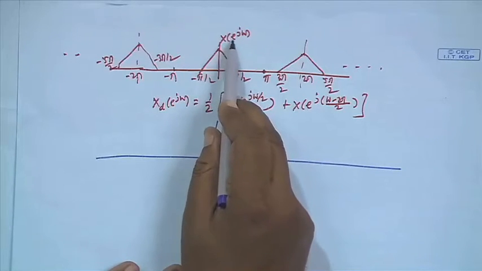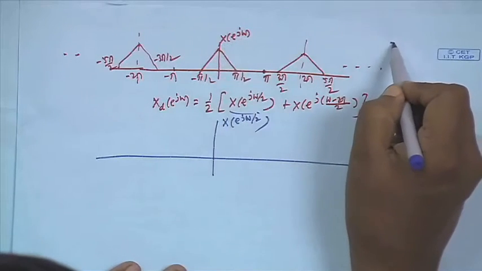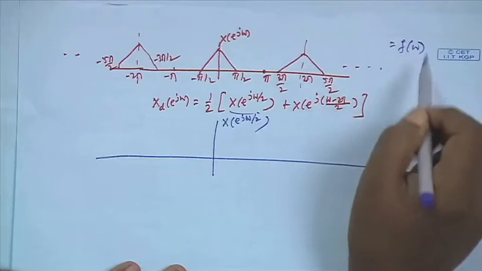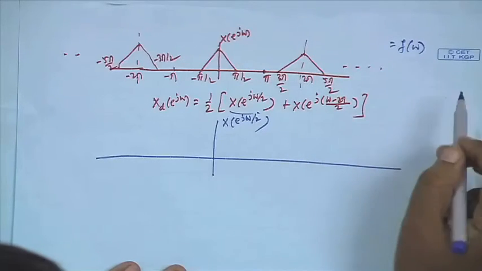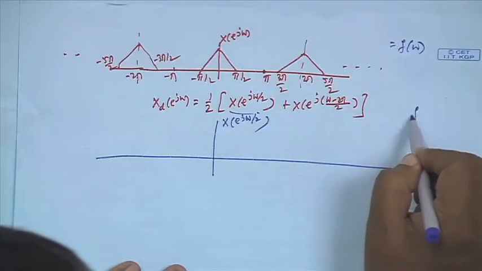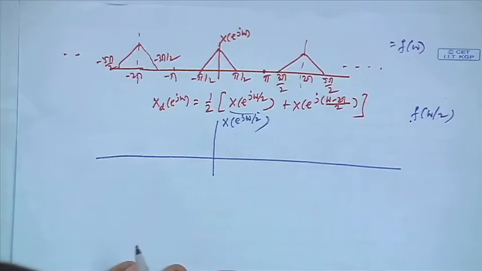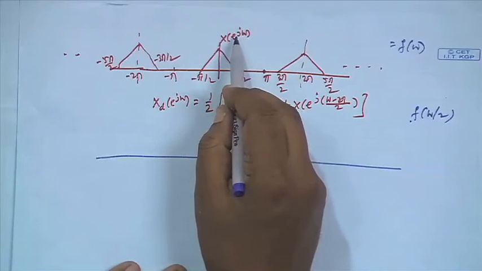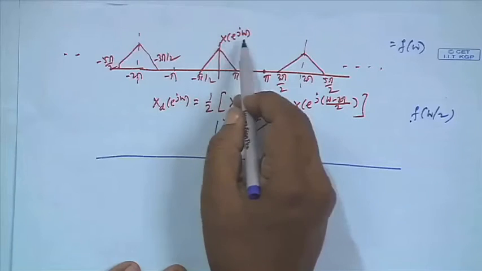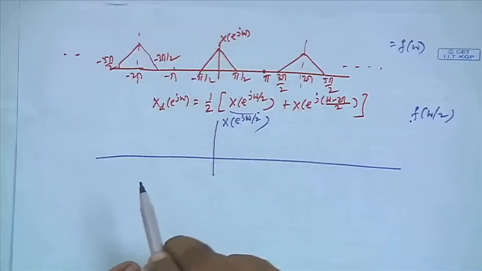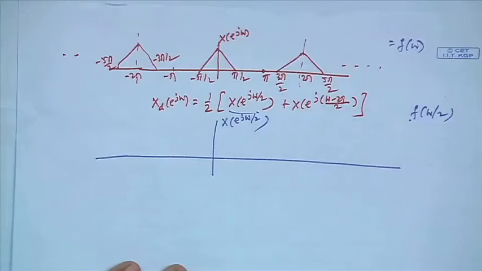Now, X_g e to the power j omega, that is some function of omega. You can make it simplified, function of omega is given. So, this is a function of omega by 2. It was a function of omega, e is constant, j is constant, it is just a representation. Actually, it is a function of omega, it is a function of omega by 2. So, if you call it f omega, it is f omega by 2. F omega is plotted, how will f omega by 2 work?